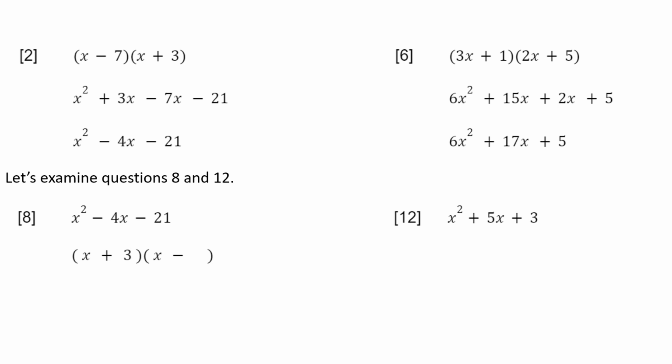Right? So the 3 can be positive, the 7 can be negative, because if I multiply 3 times negative 7, I'll get negative 21. And then if I add my 3x and my negative 7x, those combine to be negative 4x.